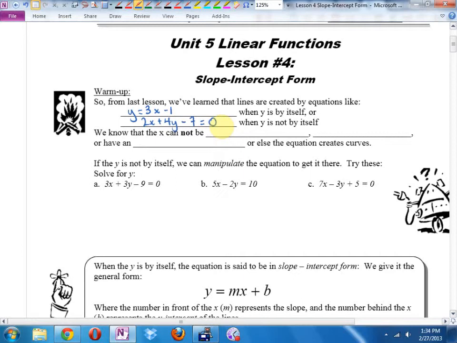I'm just making them up. But here's what we do know. The x can't be a power, x cubed, x to the fourth. Those gave us curves, right, Brianna?